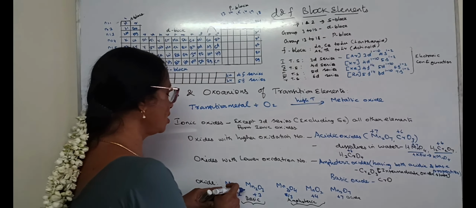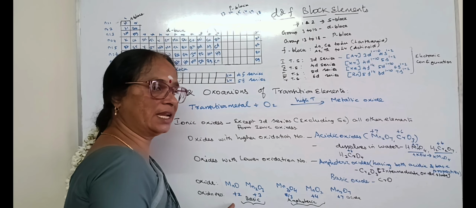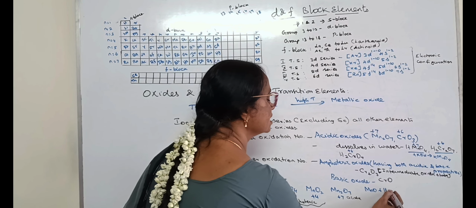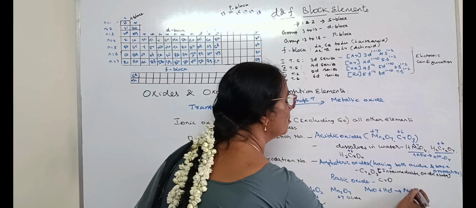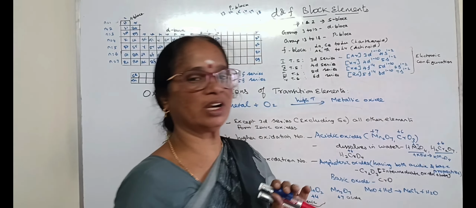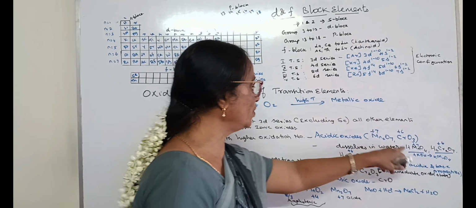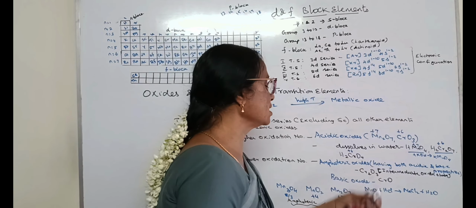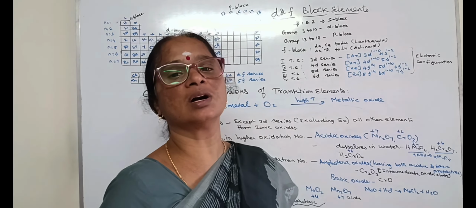Similarly, the basic oxide MnO is basic in nature. When it reacts with an acid, MnO plus HCl forms MnCl2 and H2O. But amphoteric oxides react with both bases and acids, and that is why they are said to be amphoteric oxides.